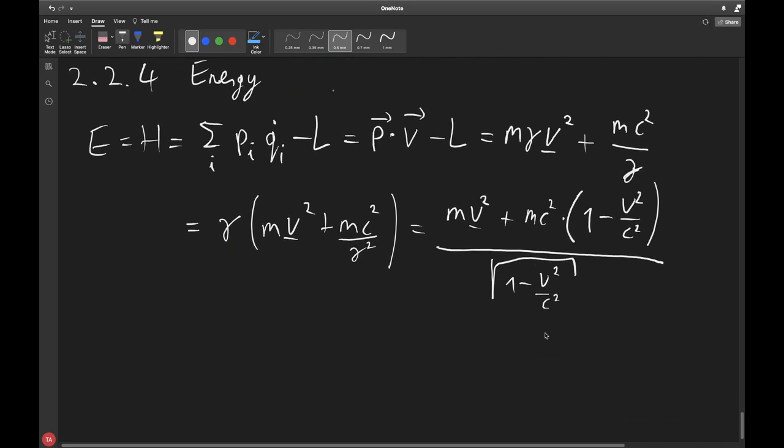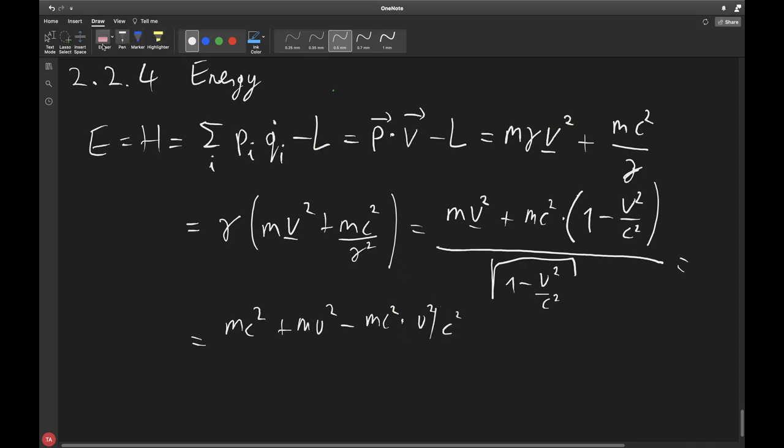Okay, so let's extend that parenthesis here. We have an mc squared term, and then we have an mv squared term, and then we have a minus mc squared times v squared over c squared.